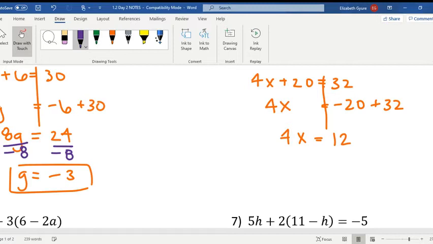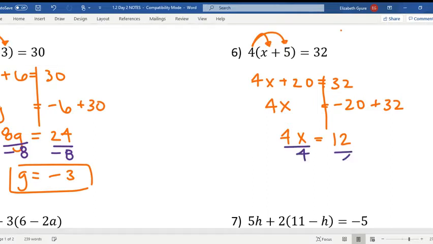What's 32 minus 12, minus 20? Yeah, you had the wrong sign, that's all. Nick, what should we do with the 4? Yep, divide both sides by 4. And x equals 3. Good.